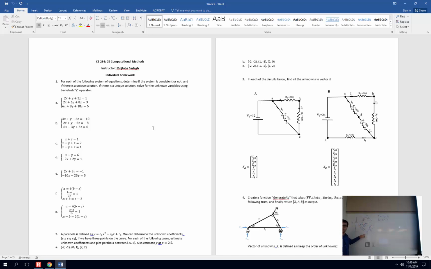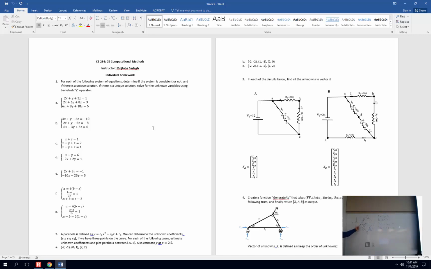Is that correct? VAB plus VBD is equal to VT, because that's VAD. Similarly, VAC plus VCD is equal to VT.